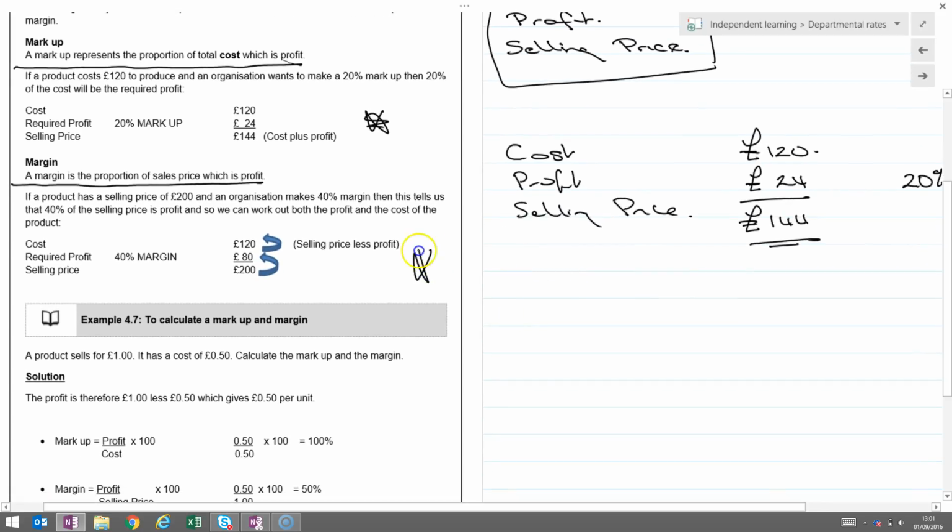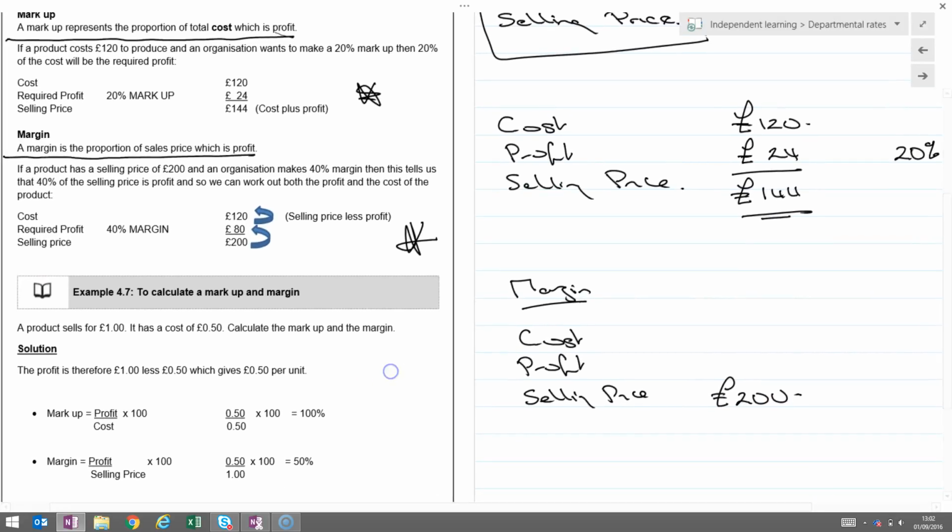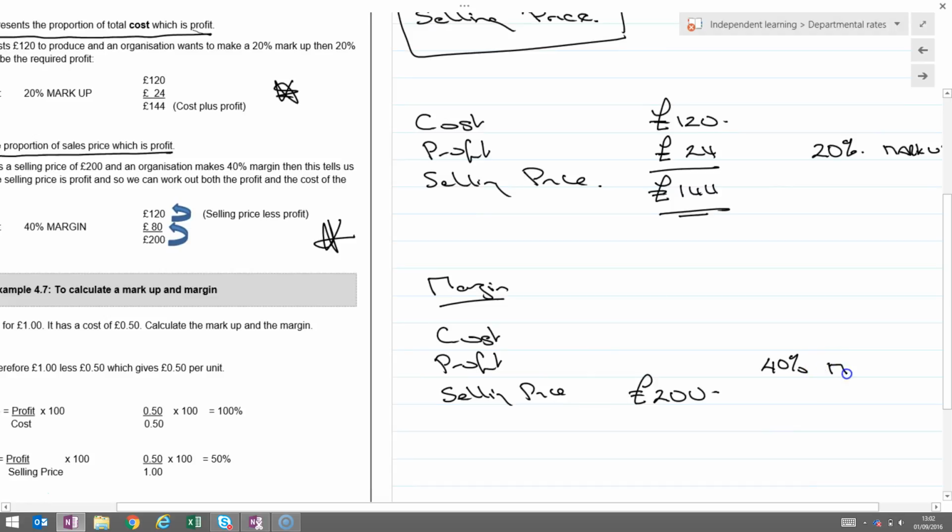In this second example, margin, so use the same layout, cost, profit, selling price. What do we know? The product has a selling price of £200. The organisation makes a 40% profit, but it's a 40% margin.